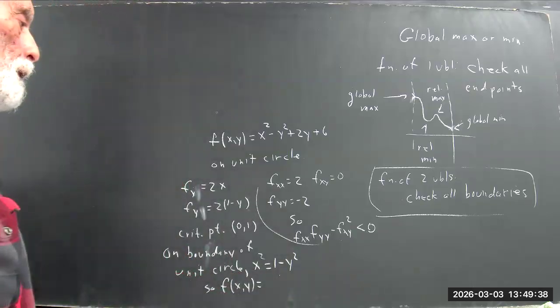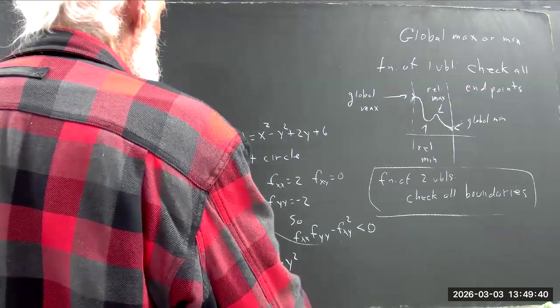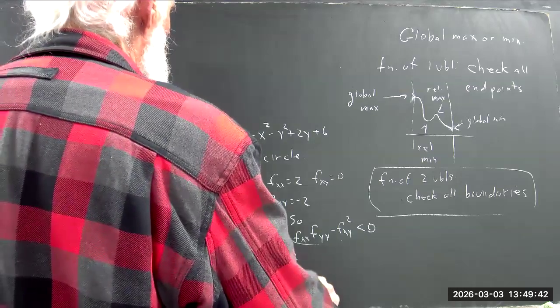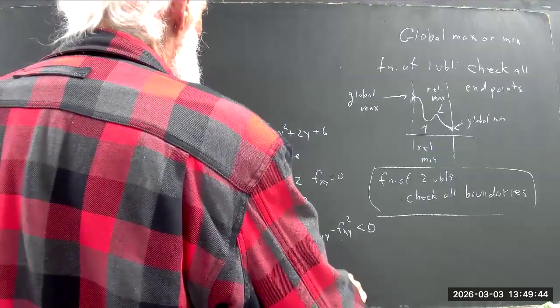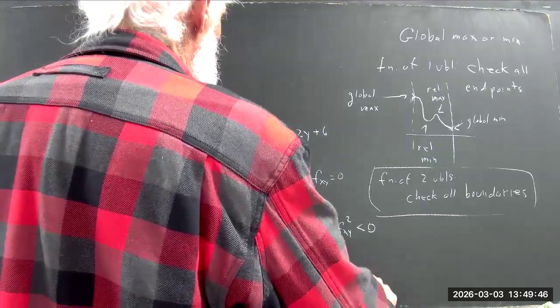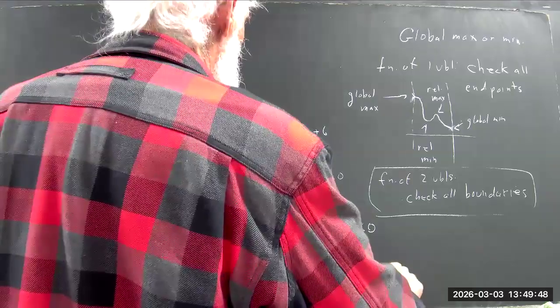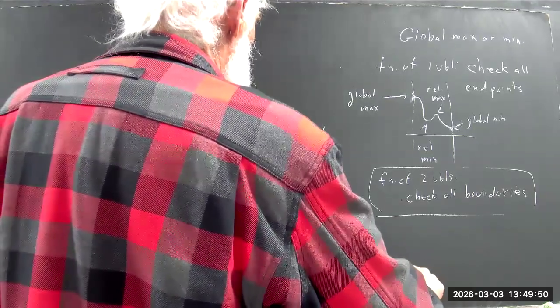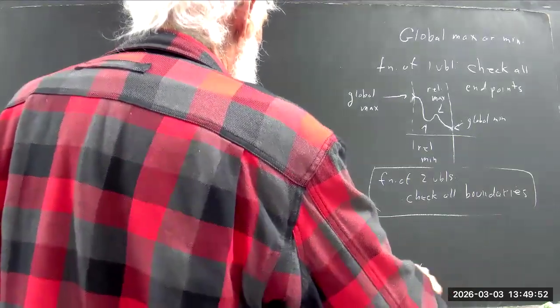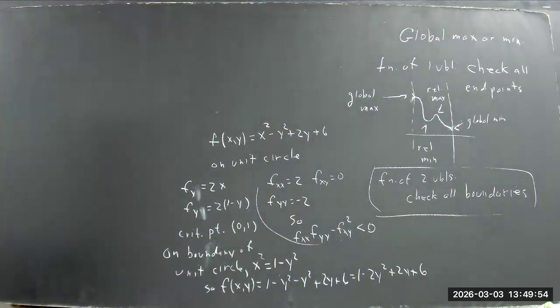It comes down to a function of a single variable: 1 minus y squared plus 2y plus 6 equals 1 minus 2y squared plus 2y plus 6. It's a function of one variable. The derivative is negative 4y plus 2.